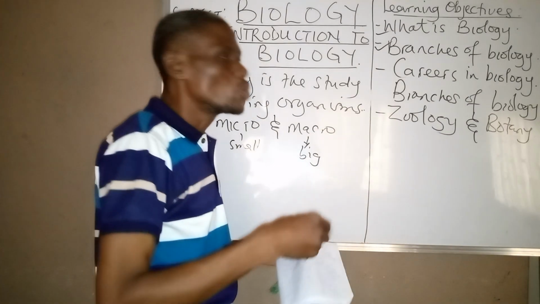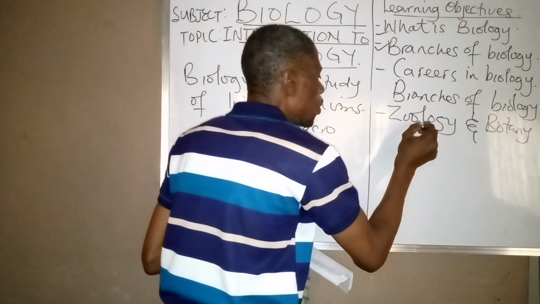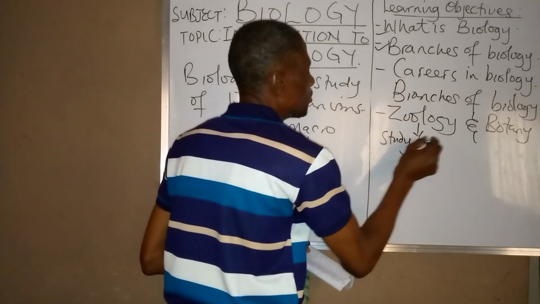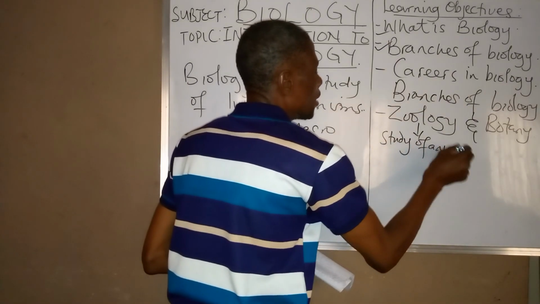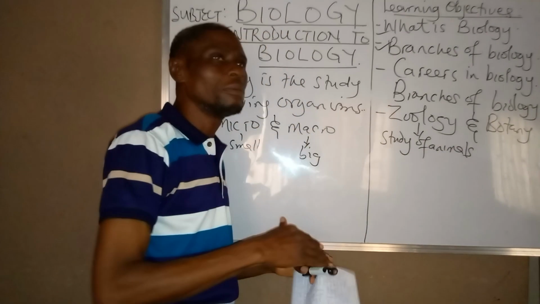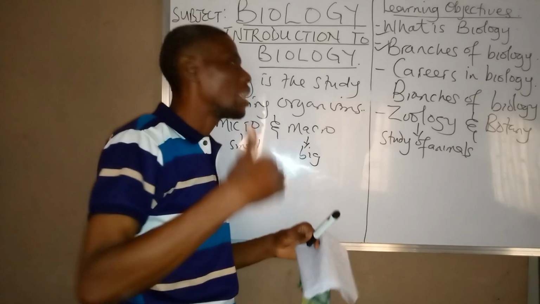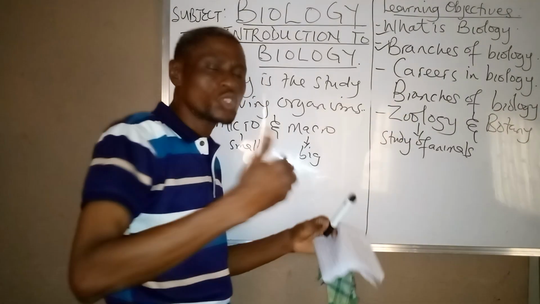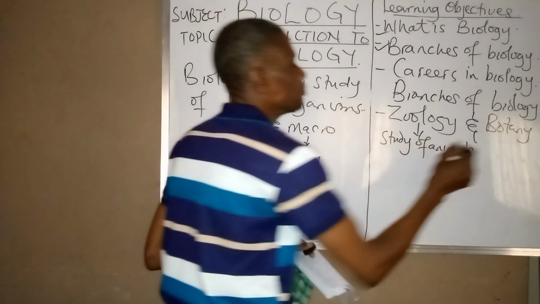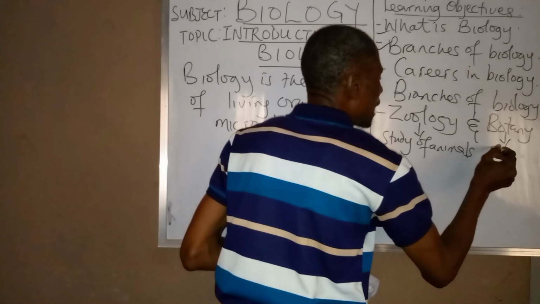What is zoology? Zoology has to do with the study of animals, either elephant, lion, bird, name it. All of these are under zoology, the study of animals. Now what about botany? Botany has to do with the study of plants.